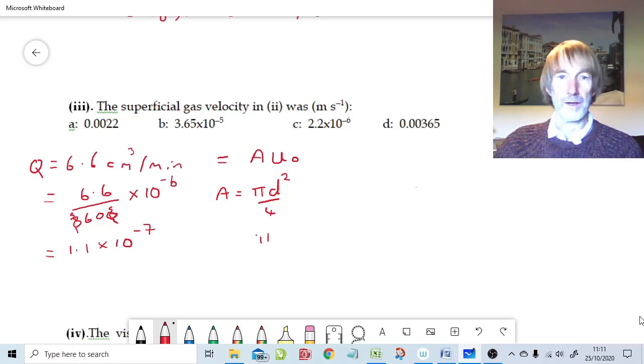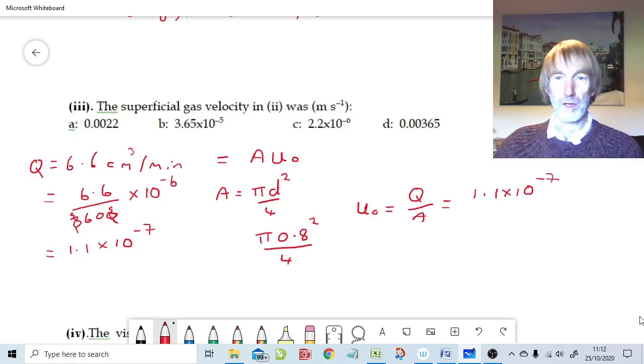which is pi 0.8 squared over 4. And if we want U0, U0 is going to be equal to Q divided by A, which is equal to 1.1 times 10 to the minus 7, all divided by pi.